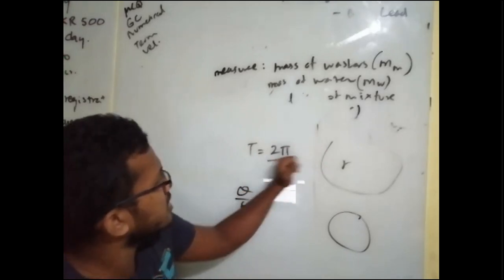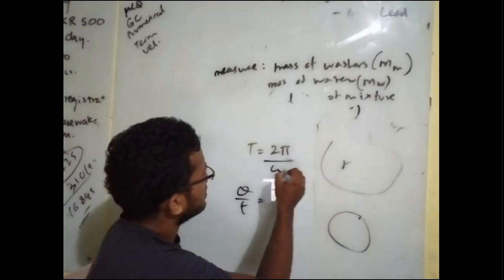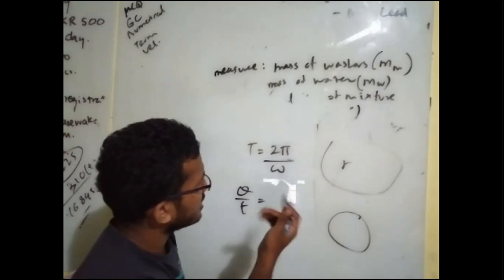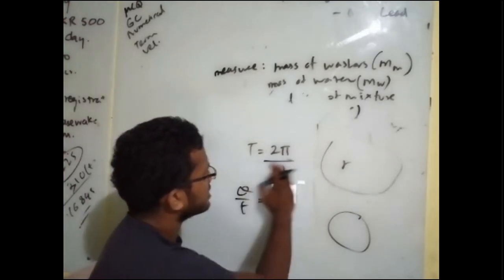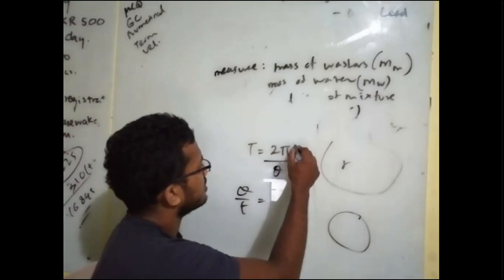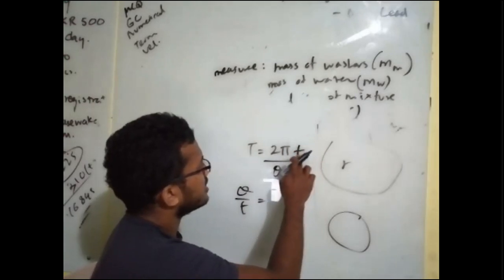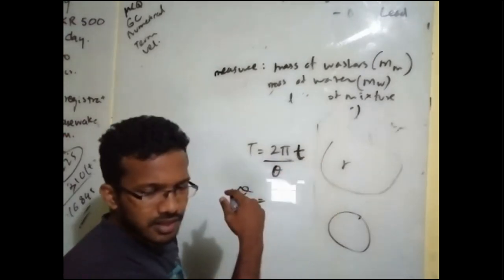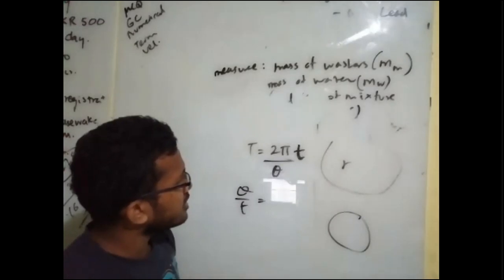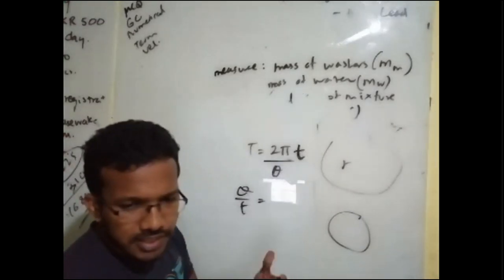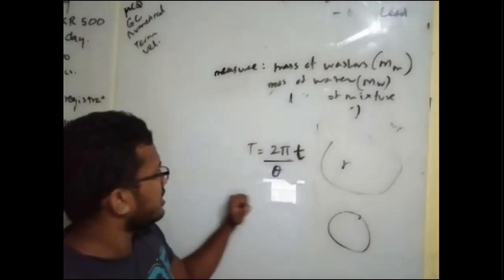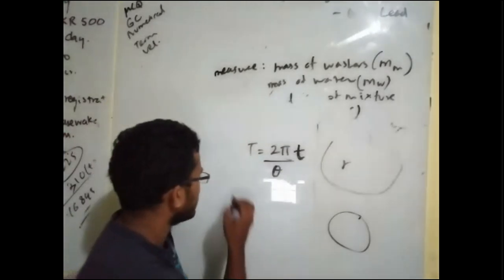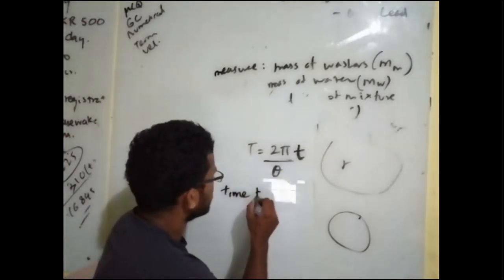This is omega actually, but instead of omega, we can put theta over t to make it into two things, right? So we need to know the angle traveled by the asteroid and the time t taken to travel an angle theta around the sun. Those are the two criteria.